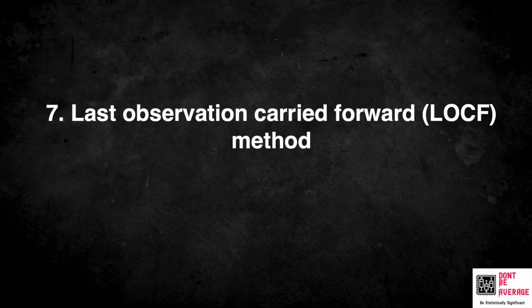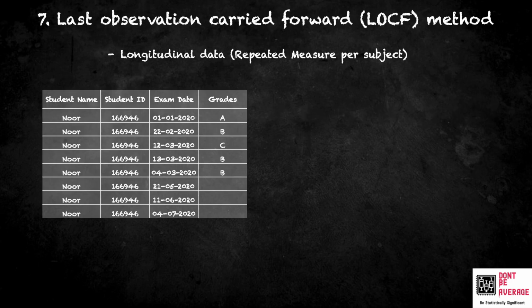The next method is the last observation carried forward method. It's called LOCF. It's very popular. Let's say in your data set you have repeated measures per subject. Like in this case, we have repeated grades or exam dates for the same student, which is actually called longitudinal data as well. In these cases, we can use this approach where we are carrying forward the last observation.